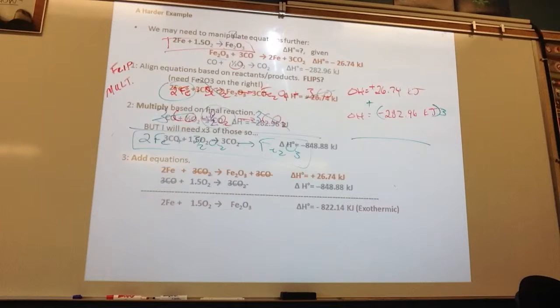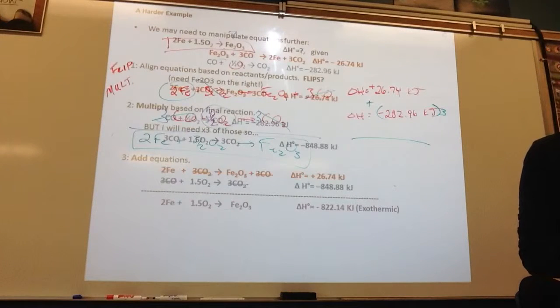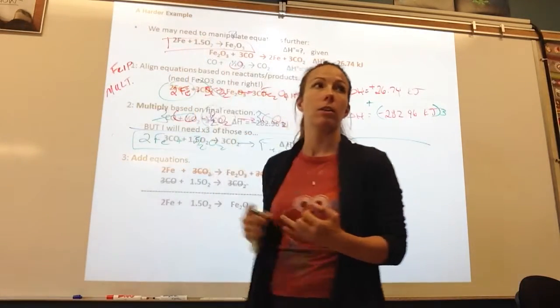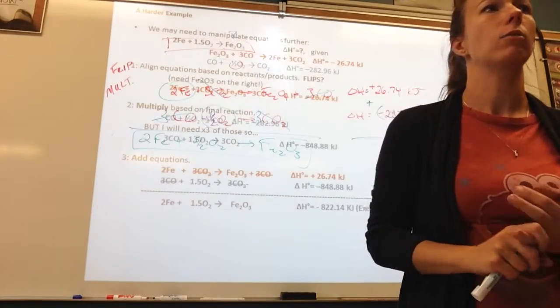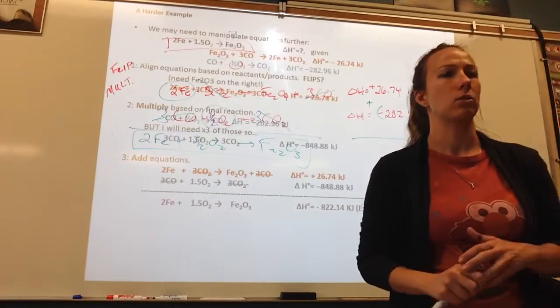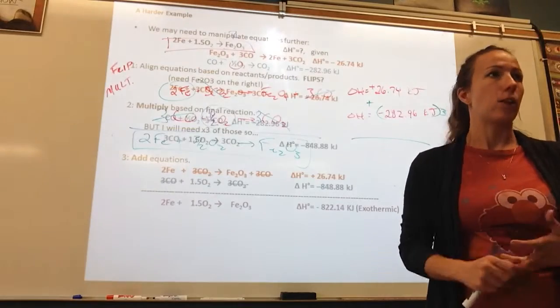Okay? Makes sense? Sort of? So you first flip so that everything's on the correct side. You then multiply so you have the correct number of here. You then might just need to look to see if the cancelling out is going to work out when it gets a bit trickier. You might need to flip or multiply different things in order for that to happen. You'll see. And then you add them.